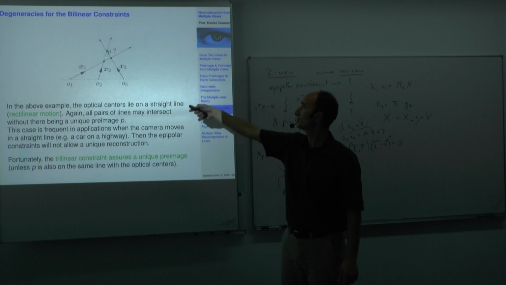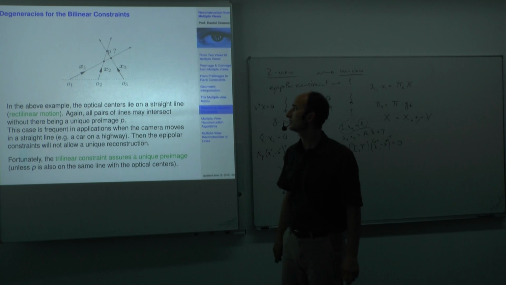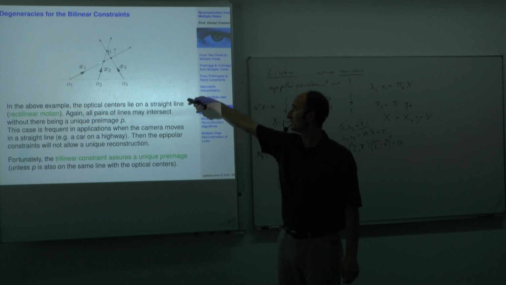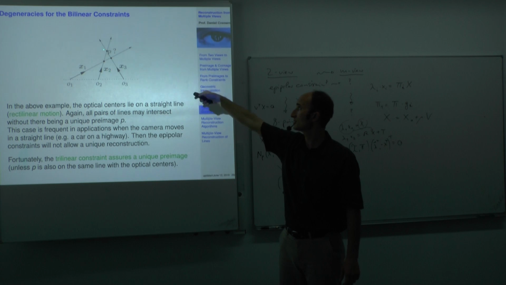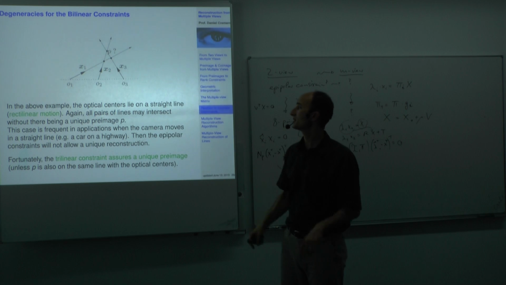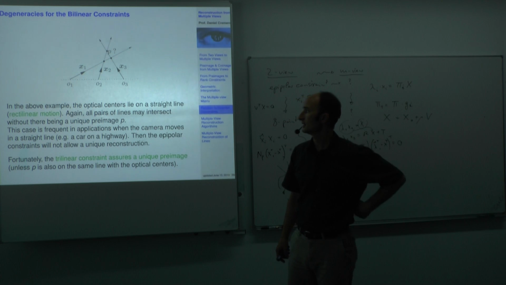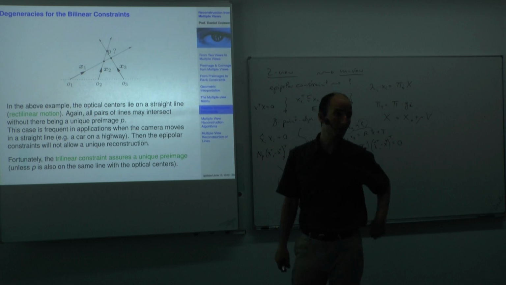And then I observe points, and in that case again, all pairs of lines may intersect without the pre-image being unique. So you see here, the intersection of these two gives a point, the intersection of these gives a point, and so for all pairs of images this gives a constraint.